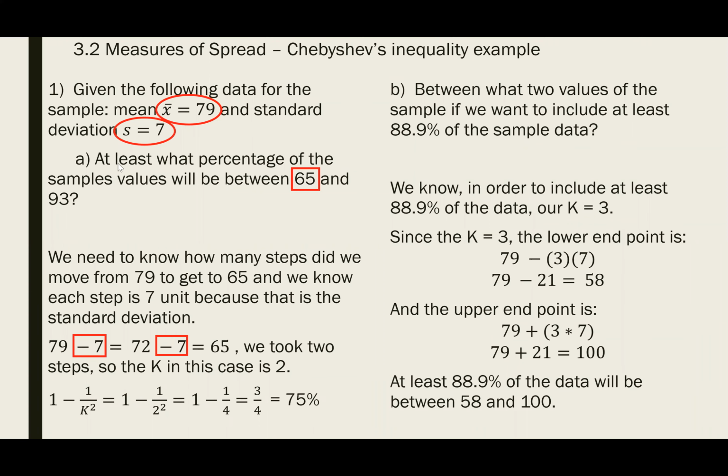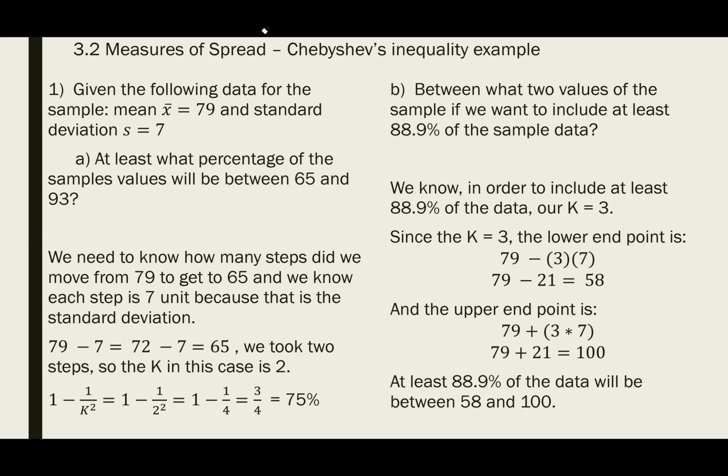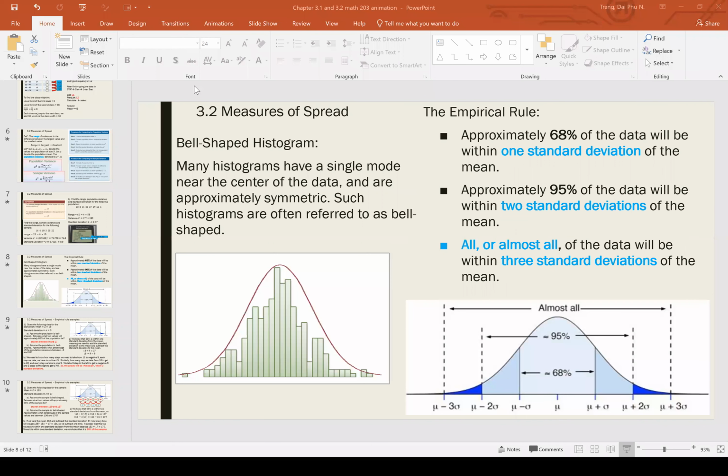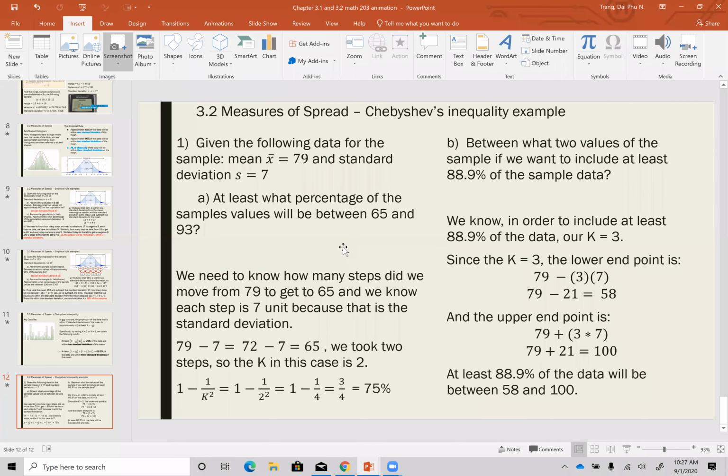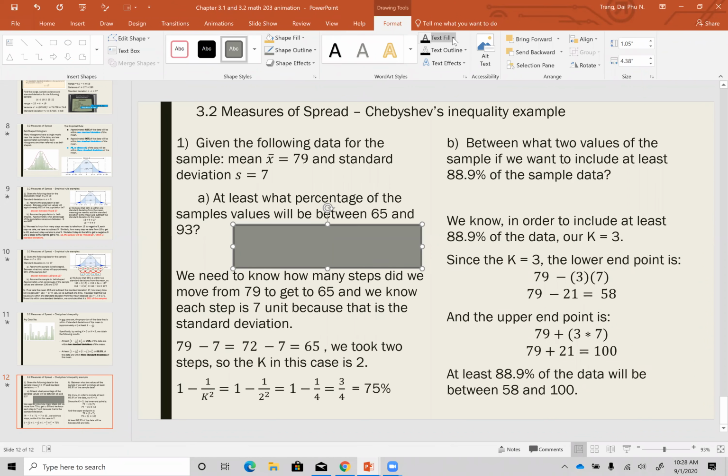If you don't see this, let me give you a sneak peek. One thing I mentioned earlier is, if you don't see how I got the 2, one way you can do it, which is what we will do on Thursday, is to convert this into a z-score.